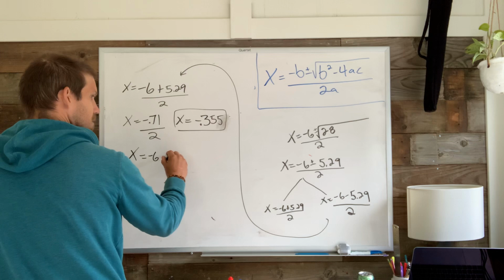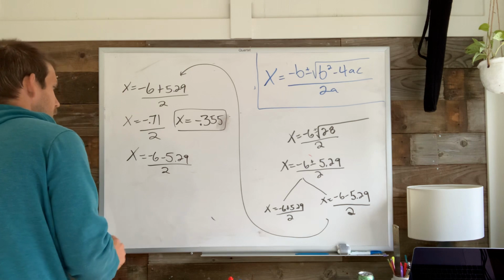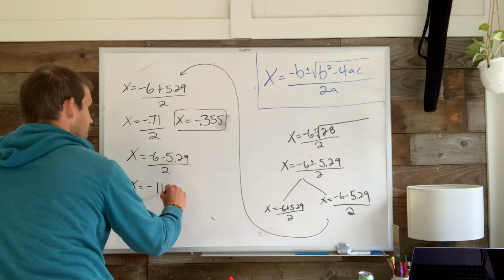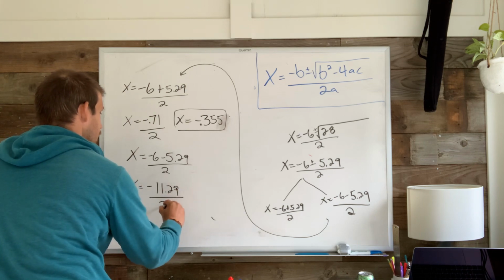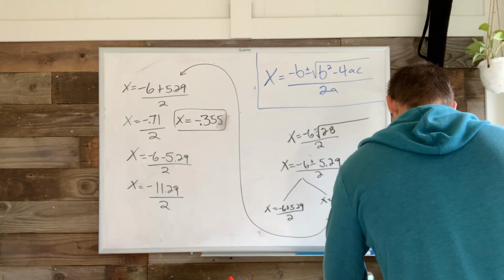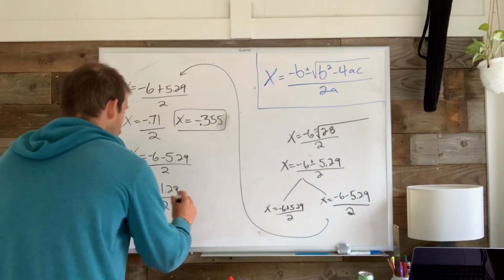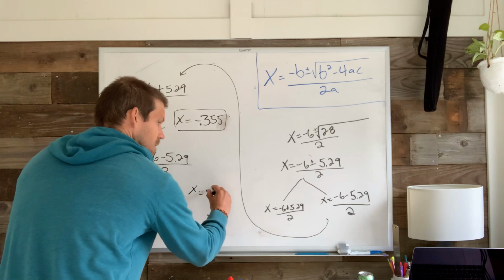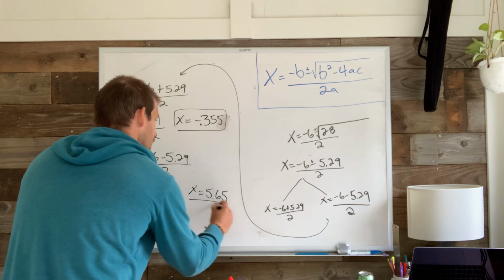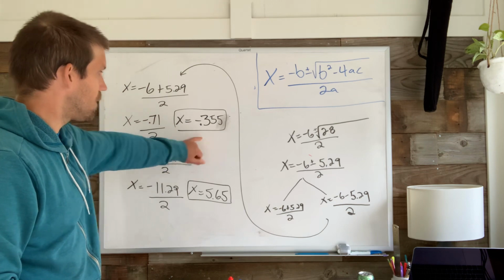Now let's do the minus side. x equals negative 6 minus 5.29 all divided by 2. So in this case, x equals negative 11.29 all divided by 2. And that is, we'll round to x equals negative 5.65. Okay, so we have our two x-intercepts that we've solved for.